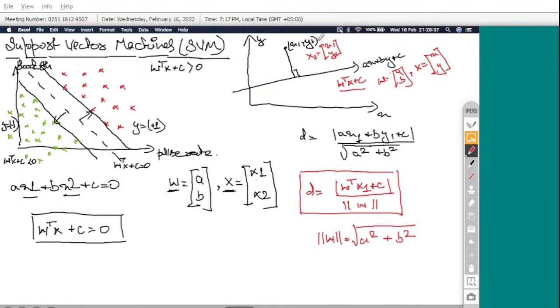So this is w transpose x1 plus c, where whatever is x, y, that is the coordinate of x1 and y1. So it won't be 0. In distance, it's not w transpose x plus c equals 0. It's w transpose x1 plus c, and what is this x1? The coordinate of x1 and y1. See here also, it was ax plus by plus c equals 0, but here we placed ax1 plus by1 plus c.